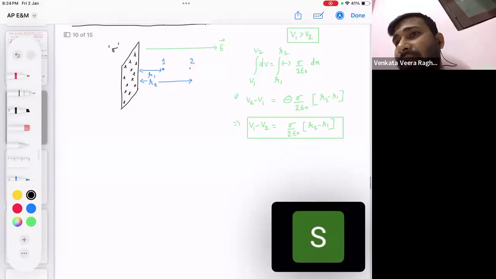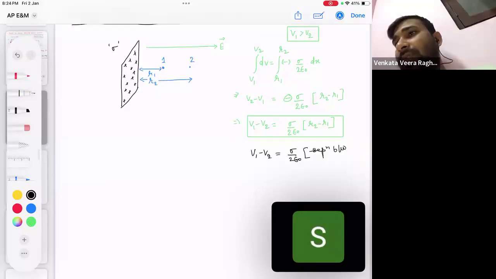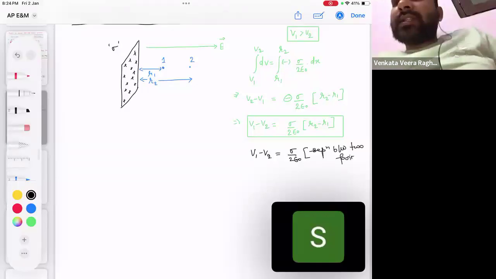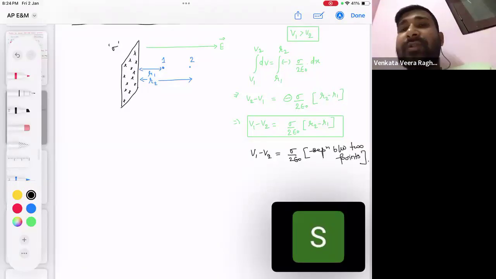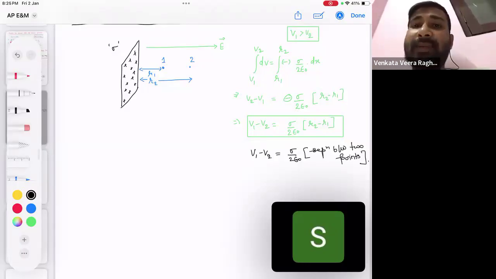So you can also write here, v1 minus v2 equal to sigma by 2 epsilon naught into the separation between the 2 points. Sometimes it may be possible that they don't mention the actual distances r1 and r2 from the sheet. They will just give you the separation between the 2 points.